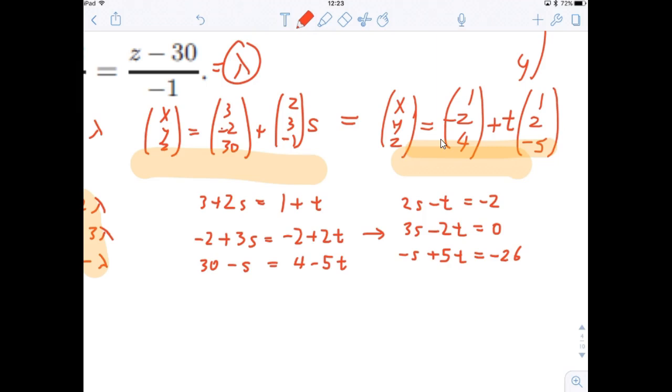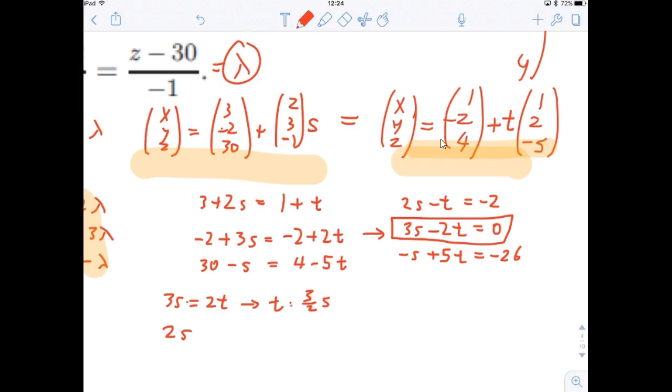Okay. So now let's see. Let's try to use maybe the second one, which looks kind of easy because it's got an equal 0 in it. So let's do 3S equals 2T. And then I'm going to say that T equals 3/2 S. And then I'm going to put that in the first equation.